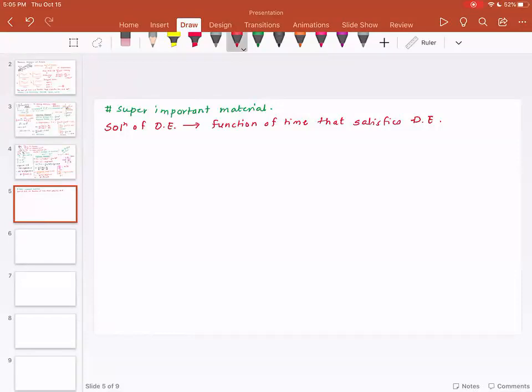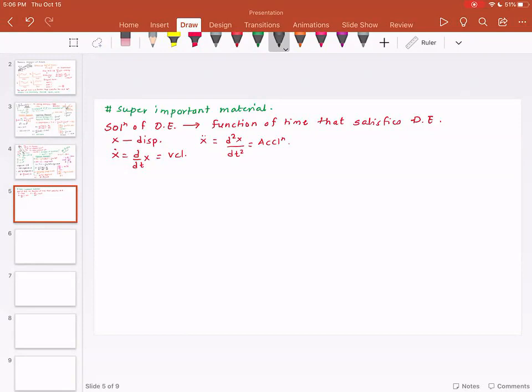Now the question is, how do you find this solution of this differential equation? I'm going to talk about a very simple approach. The derivatives, yes. So if you have x, which is displacement, x dot is equal to d by dt of x, which is velocity, and x double dot, which is d2x by dt square, which is acceleration. Let me work out what I mean by this problem, and then we will try to answer that question.